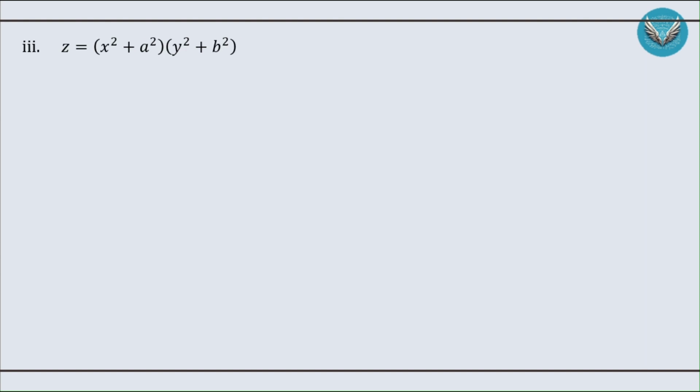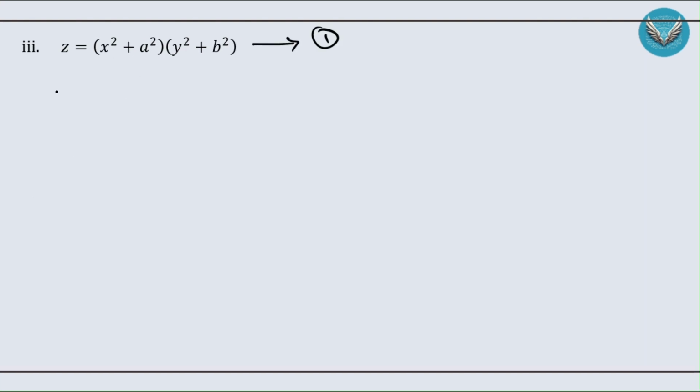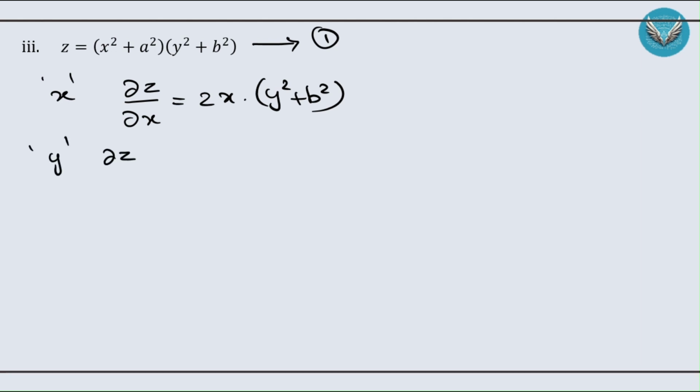Now moving to the third question. In the third question, z is equal to (x square plus a square) into (y square plus b square). First, let us differentiate with respect to x. This gives you dou z by dou x is equal to 2x into (y square plus b square). Next is differentiating with respect to y.